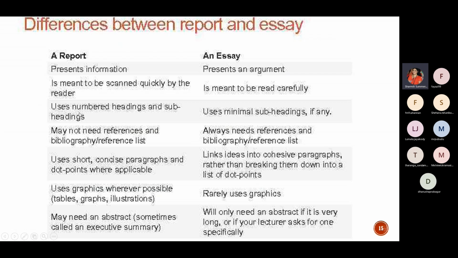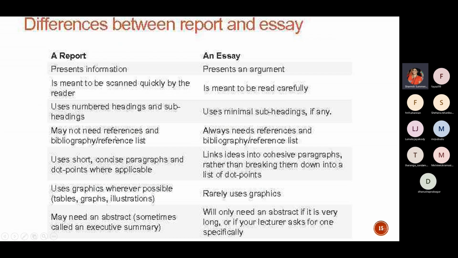A report uses numbered headings and subheadings. Normally in an essay we are not using any subheadings; if possible, use minimal. An essay may not need references and bibliography, while a report always needs references and a reference list. But for the report, if you incorporate the reference list, it's good.